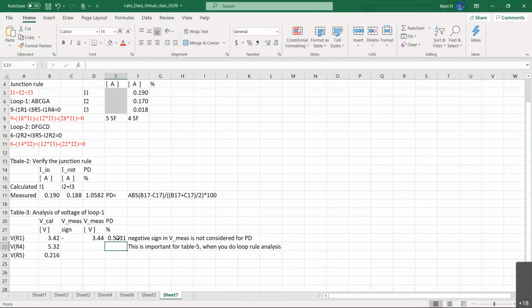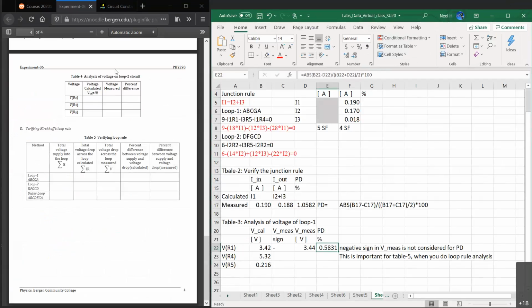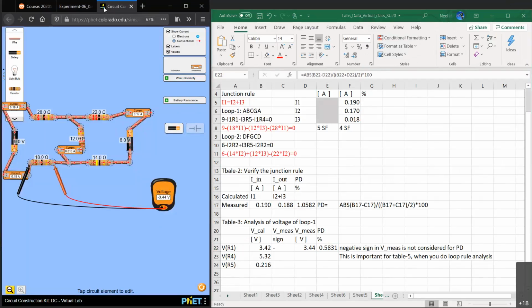Okay, very small percentage difference. That difference is only because of rounding. Otherwise, technically in the simulations, we should not get any percentage difference at all because it is a very perfect result. The only percentage difference we are getting is purely because of rounding.